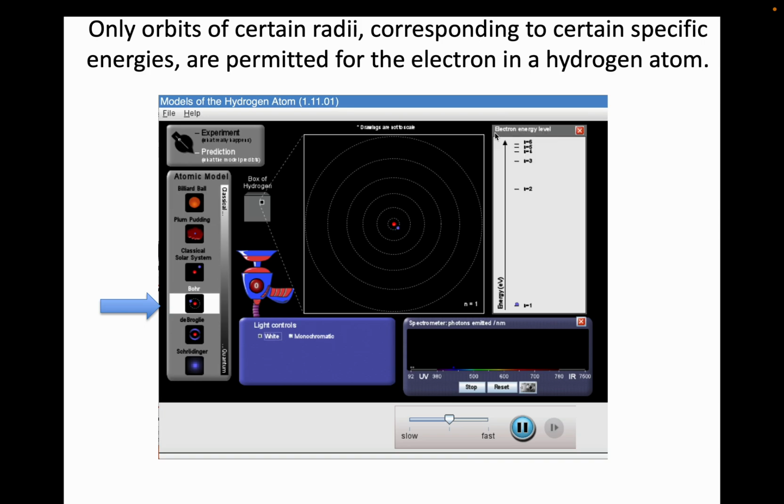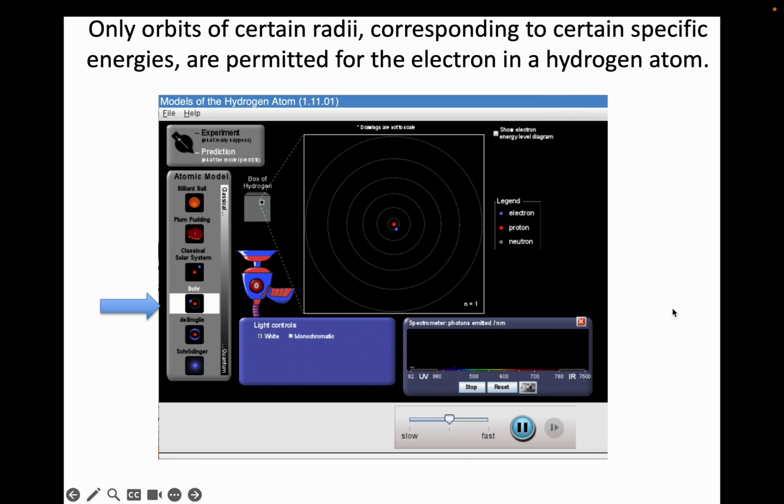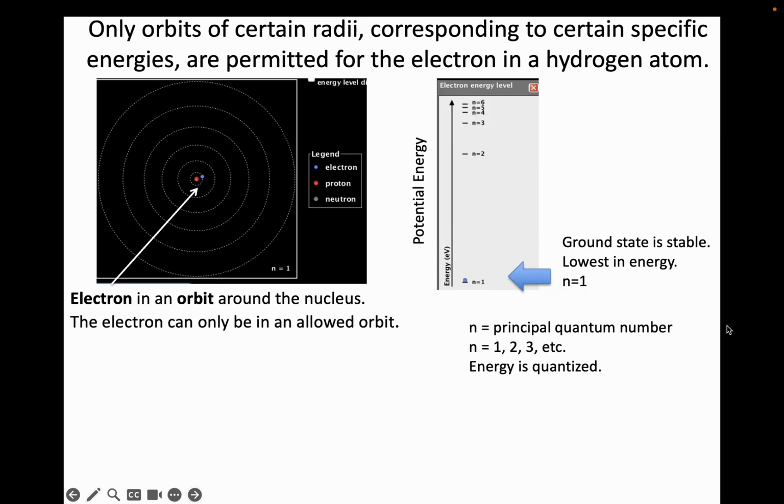It has a particular energy, and right now it's shown at the very bottom here. So our first postulate is, where could the electron be found? It's going to be found on one of these different rings. So it would be in motion around a particular ring. That ring we call an orbit. That's where the electron can be found.